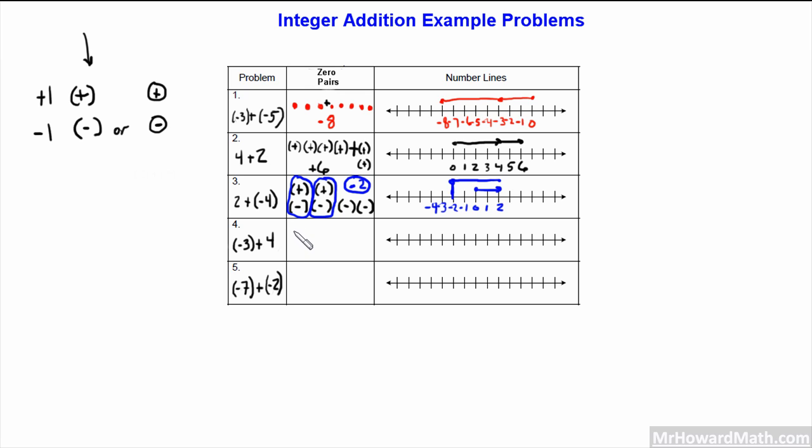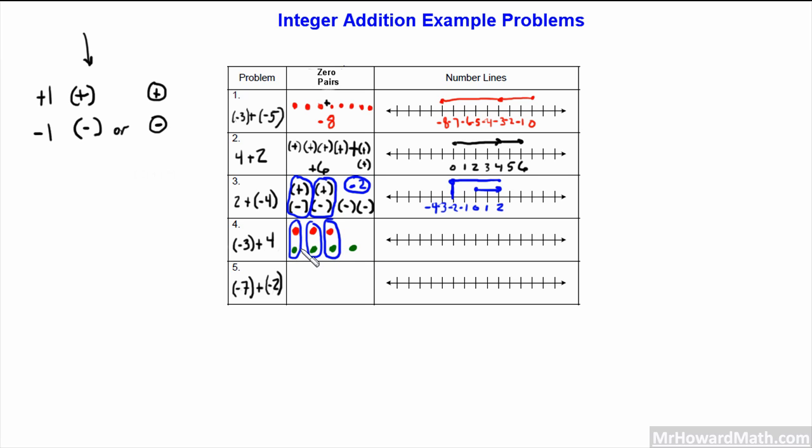We have 3 and they're negative, so they're red. 1, 2, 3. Now the next one is a positive, right? So let's put those in. We have 4 of those. 1, 2, 3, 4. Alright, let's get our 0 pairs taken out. 1, 2, 3 0 pairs.